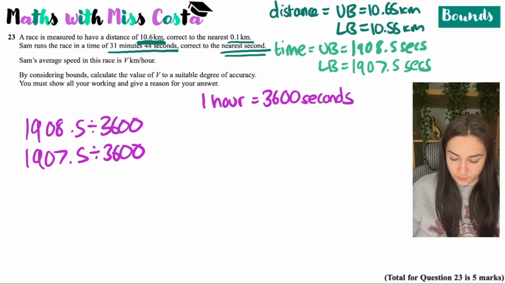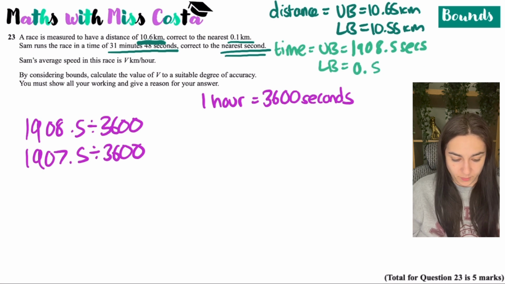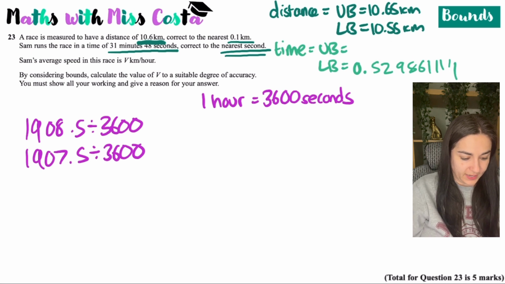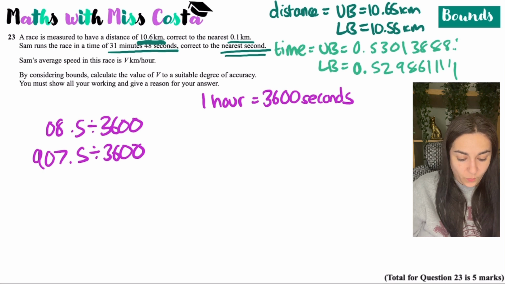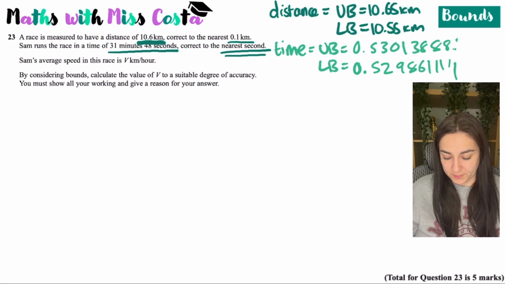My lower bound would be 0.52986111, and my upper bound would be 1,908.5 divided by 3,600, which gives me 0.5301388889. Okay, so what I want to do now is actually calculate what the speed must be.